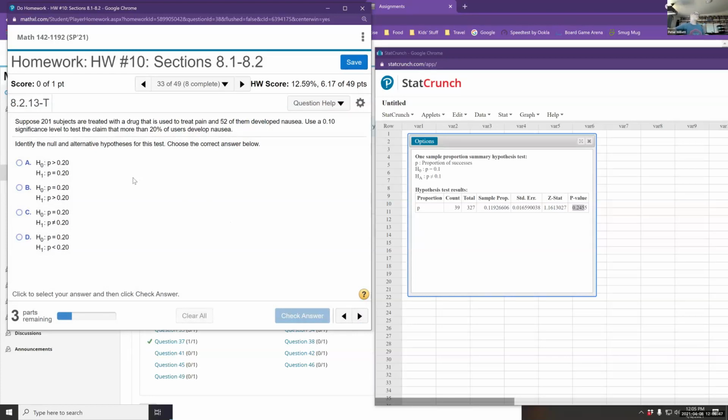So number 33, it says, suppose 201 subjects are treated with a drug that is used to treat pain, and 52 of them develop nausea. Use a 10% significance level, that's kind of a higher significance level, to test the claim that more than 20% of users develop nausea.